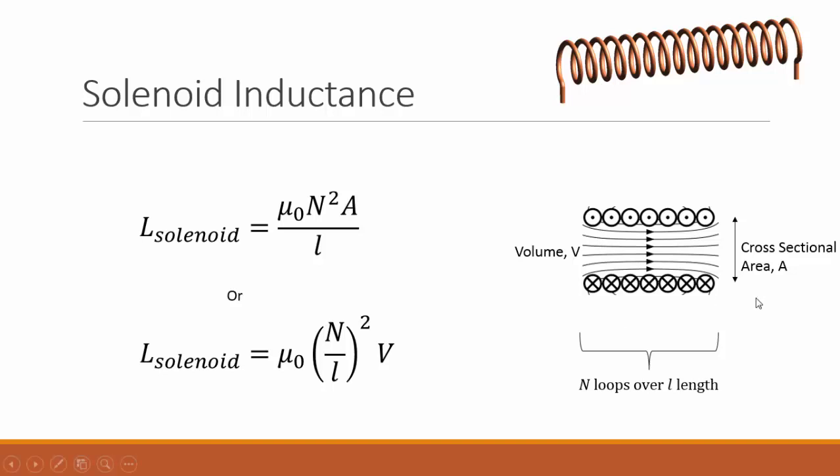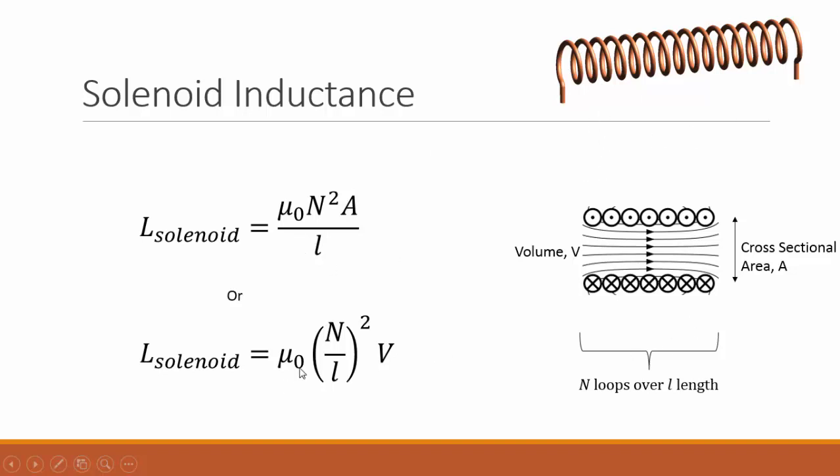So there's two ways you can write this that are analogous to each other. One is μ0, the magnetic permeability of free space, that constant that shows up in a bunch of magnetic stuff, times the number of turns, so how many times that wire got wound around, squared, times the cross-sectional area of that inductor, divided by the length of the inductor.